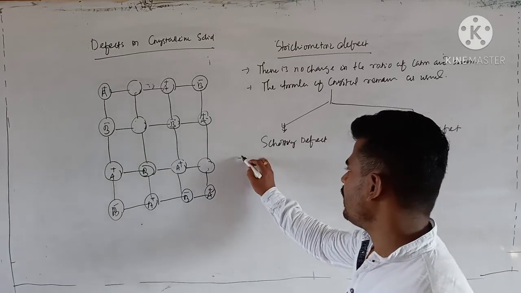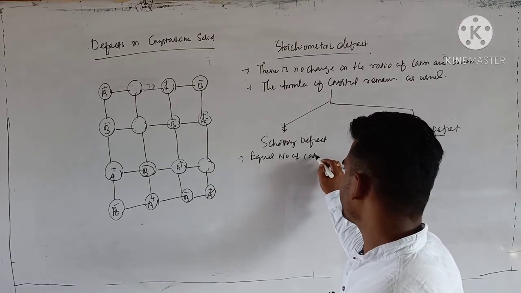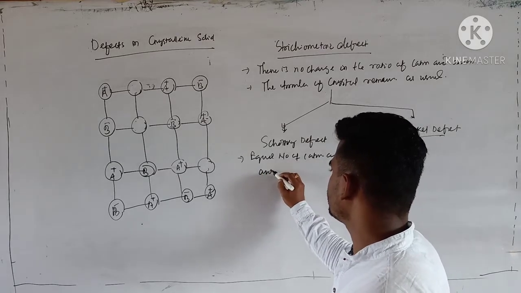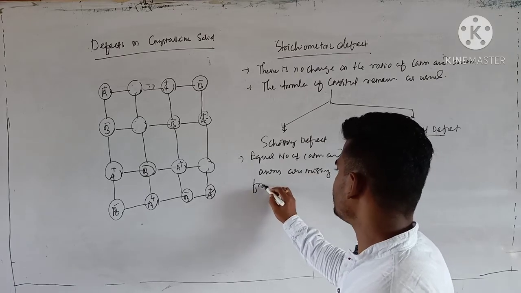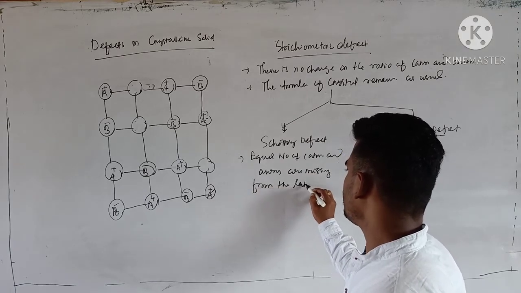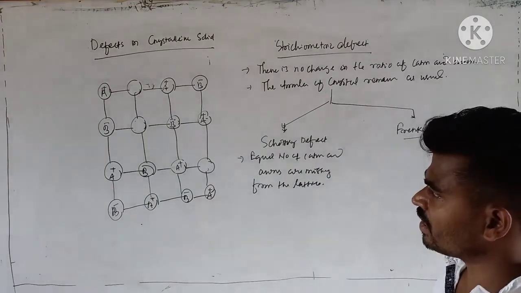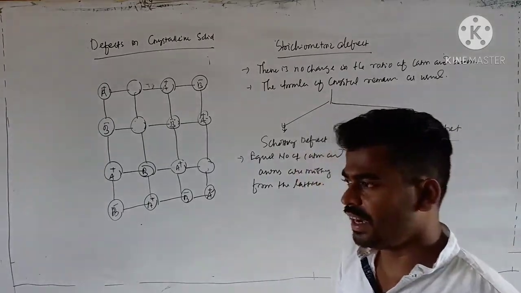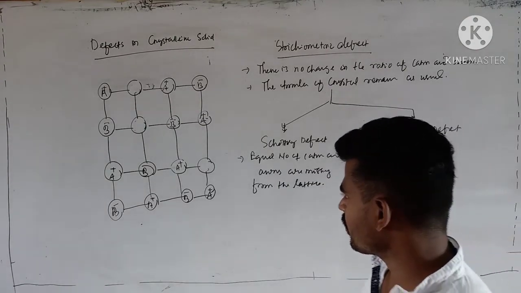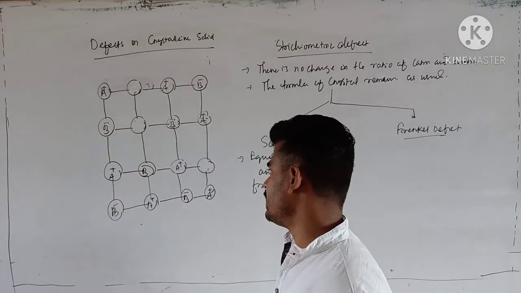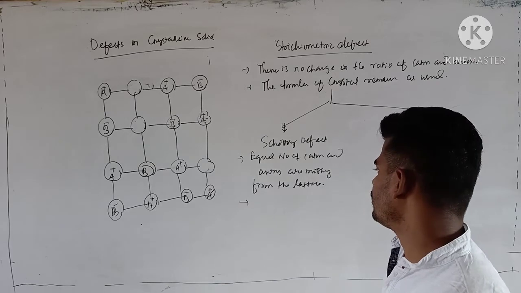That means equal numbers of cations and anions are missing from the lattice. If the number of cations and anions lost are equal, then definitely there will be no change in the stoichiometric ratio. It remains the same. One loss of cation and one loss of anion, so no problem, the stoichiometry remains the same.